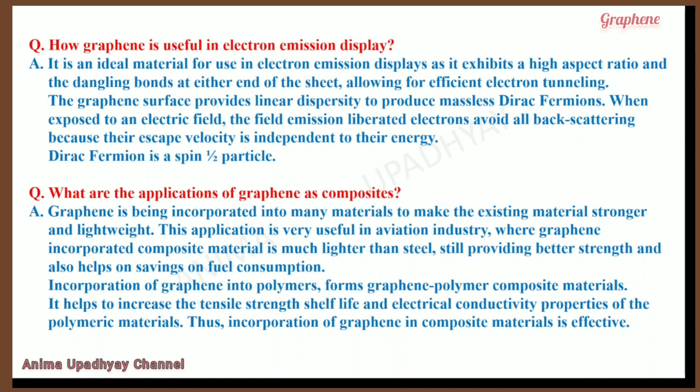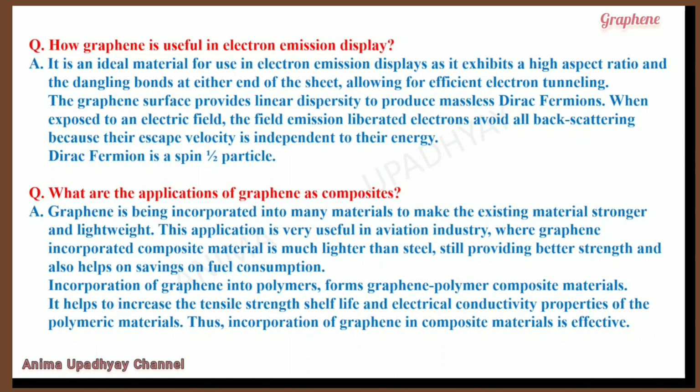The graphene surface provides linear dispersity to produce massless Dirac fermions. When exposed to an electric field, the field emission liberated electrons avoid all backscattering because their escape velocity is independent of their energy. Dirac fermion is a spin half particle.